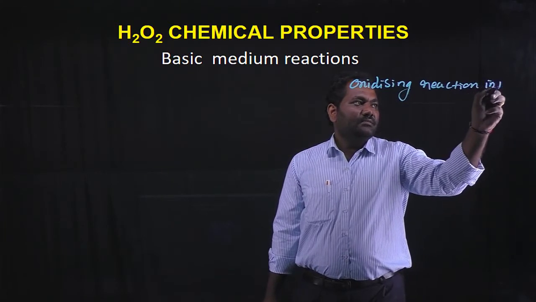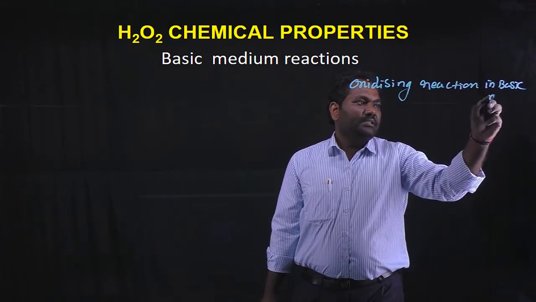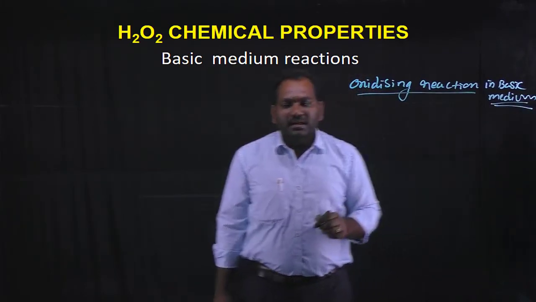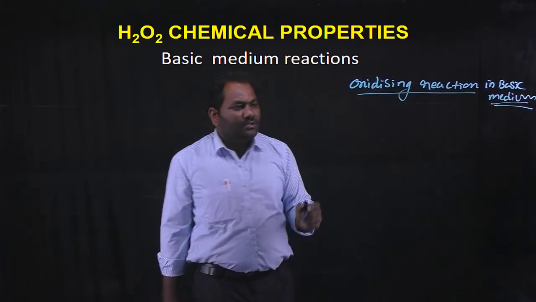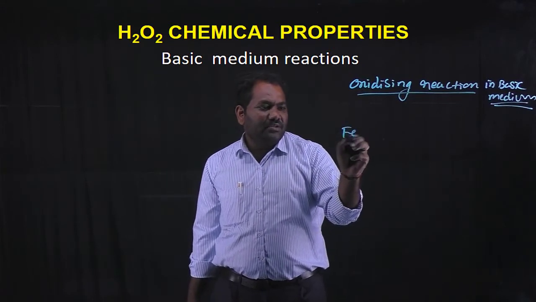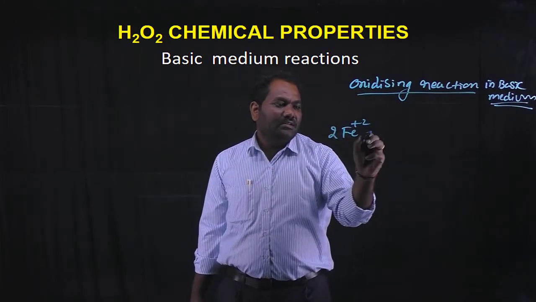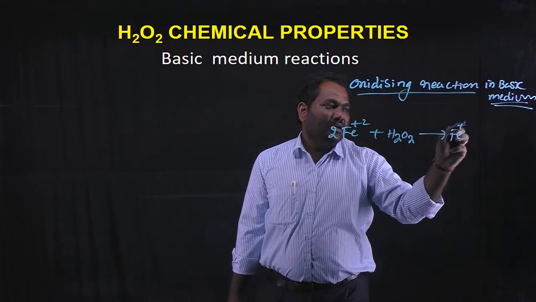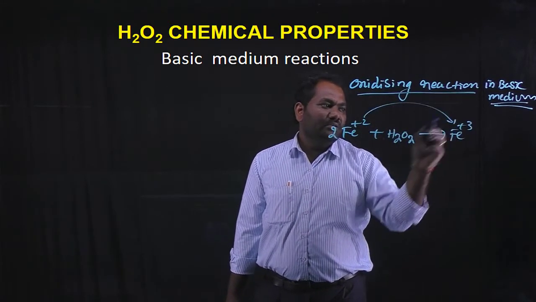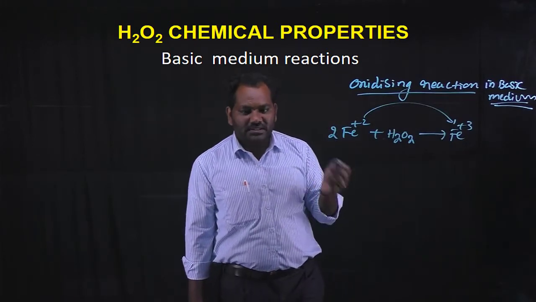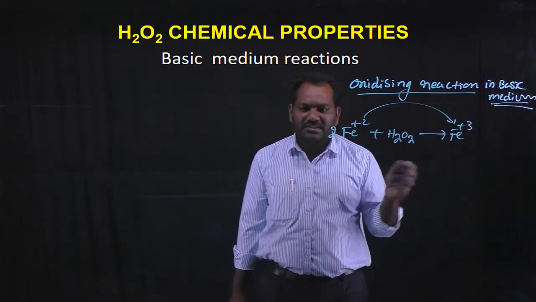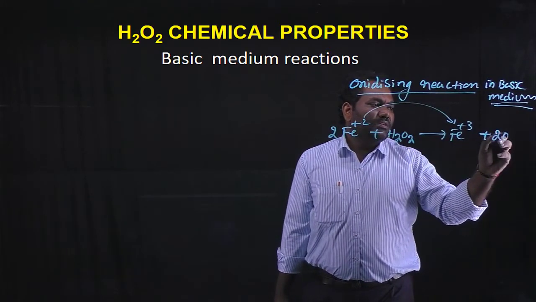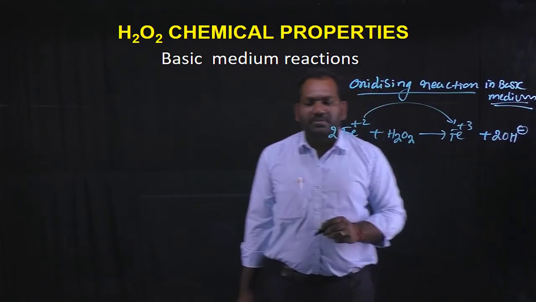Here the first one is similarly the ferrous ion: Fe+2 ions are converted to Fe+3 ions. Ferrous ions are converted to ferric ions. Oxidizing means it undergoes oxidation. The oxidation number is increased, which means it undergoes oxidation in presence of H2O2.